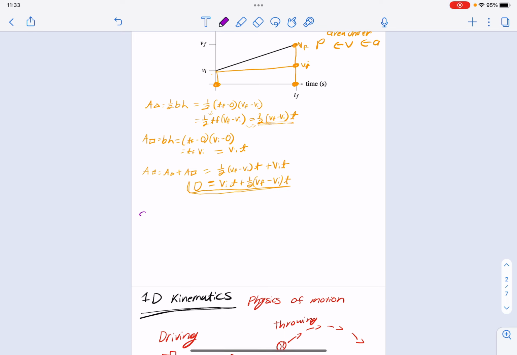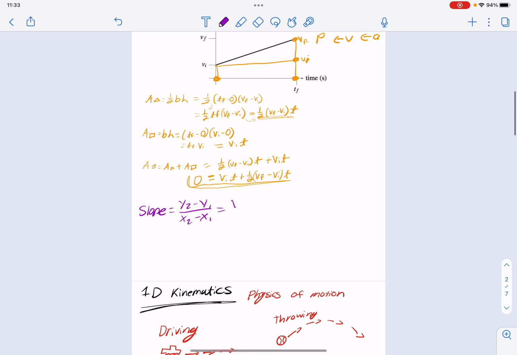So our slope is y2 minus y1 over x2 minus x1, right? Our y's would be v final minus v initial.